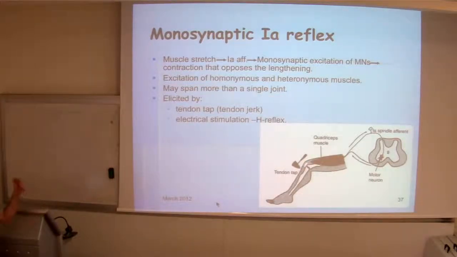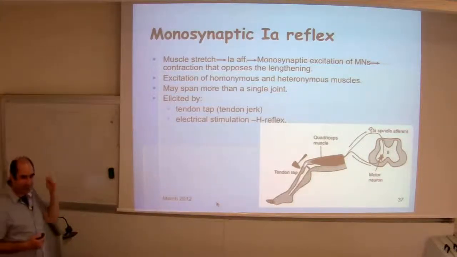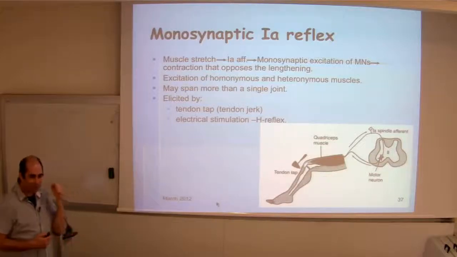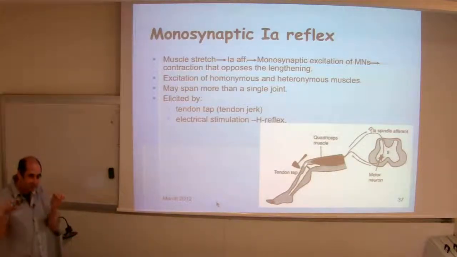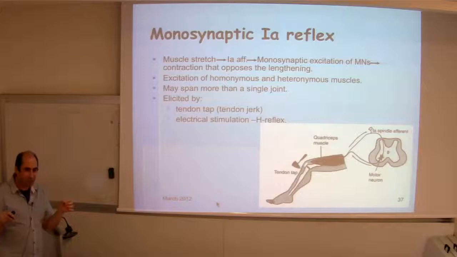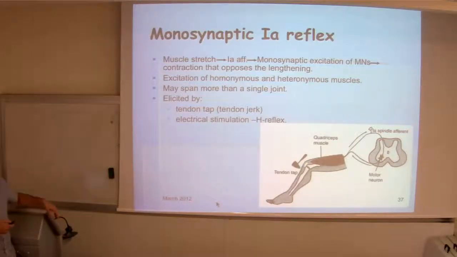So it doesn't make much sense that you put an electrode on the IA fiber and stimulate it very hard, and you get this subthreshold activation that doesn't produce any spike. The reflex wouldn't work if that was the case, right? You're with me? Okay.